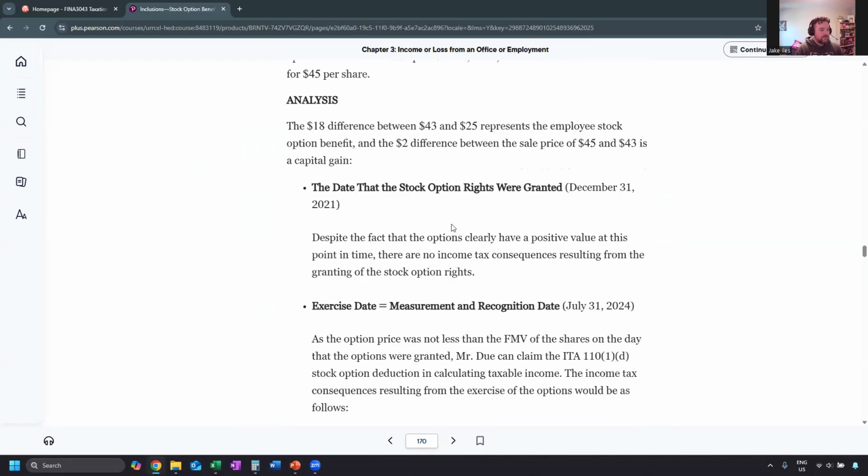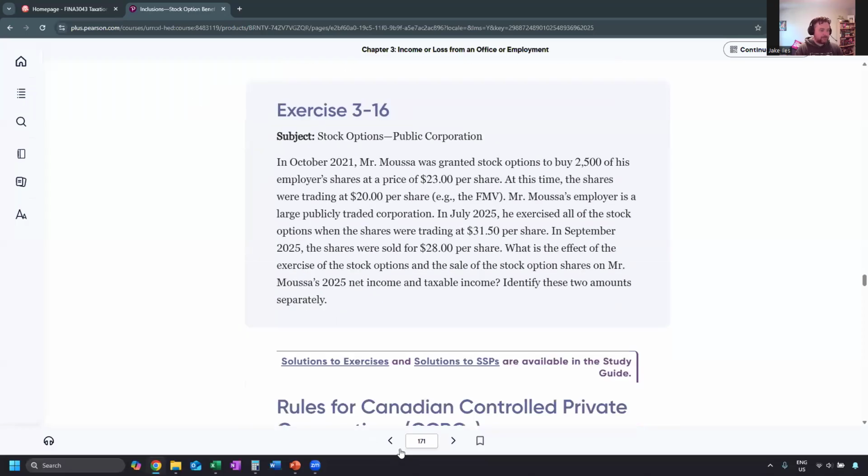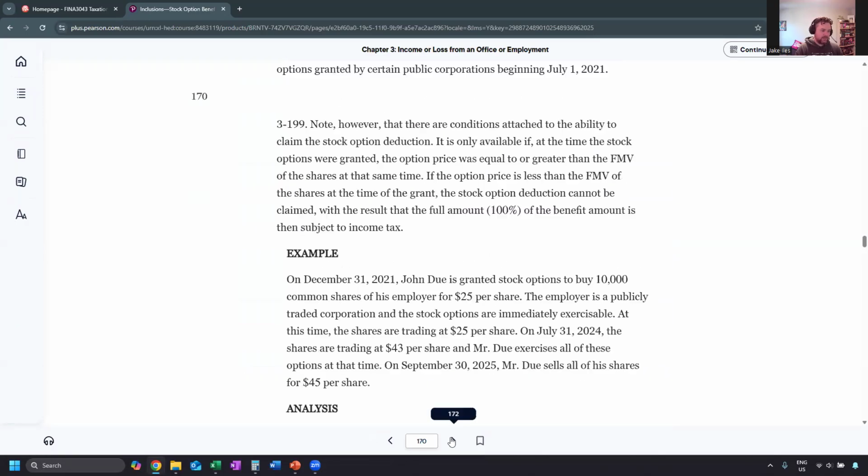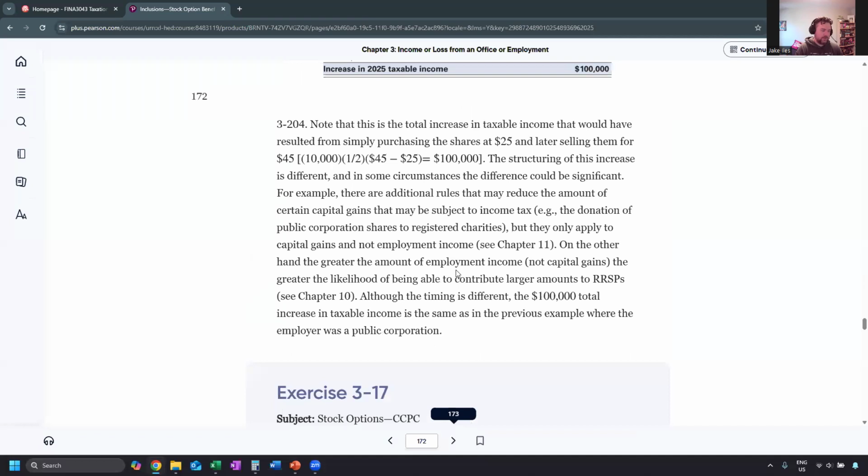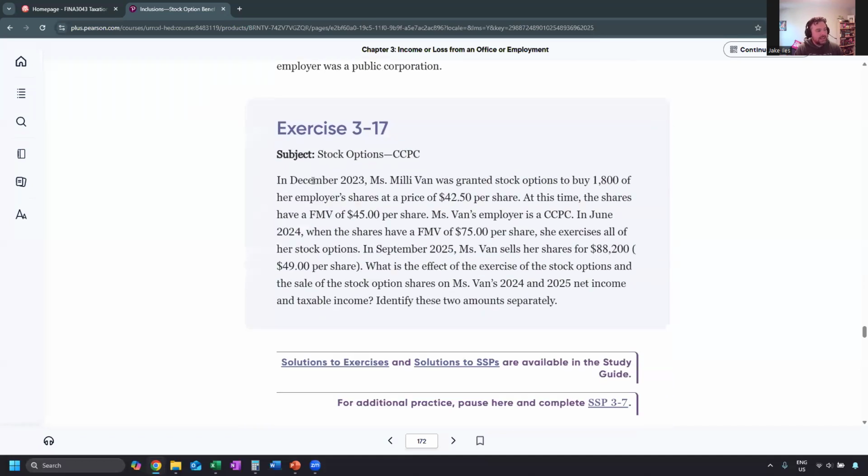Looking at another example for CCPCs, don't know why it does that. There we go. In December of 2023, Miss Van was granted stock options for 1,800 shares at a price of $42.50. At this time, the shares have a fair market value of $45 per share. So they are in the money. The fair market value is more than our option price.